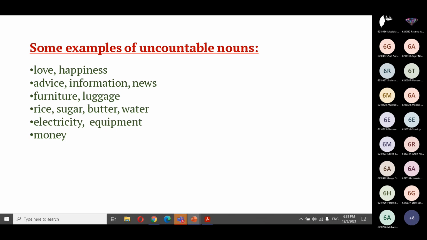We cannot make them plural. We cannot say advices, we cannot say informations. Why? We cannot say furnitures or luggages because these are uncountable nouns. And uncountable nouns cannot be plural. Okay?